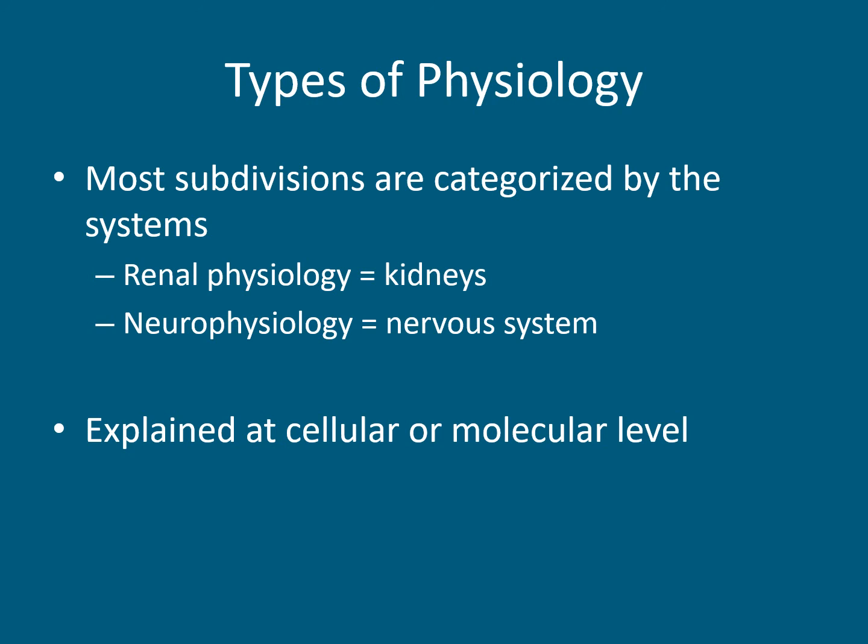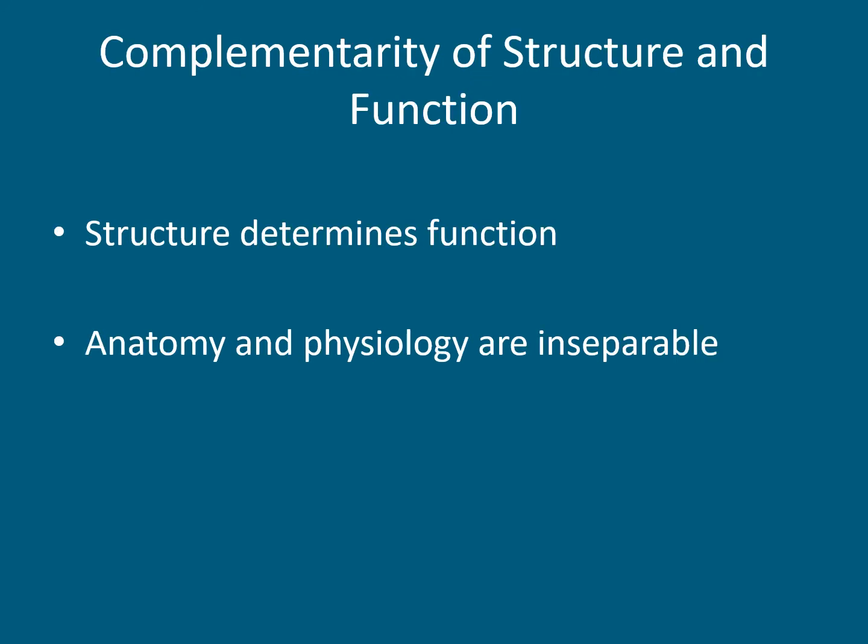You can also go more detailed and study physiology at the cellular level or even at the molecular level. So as I said, structure determines function, so you really cannot study one without the other. You cannot study physiology without understanding what's the normal anatomy.